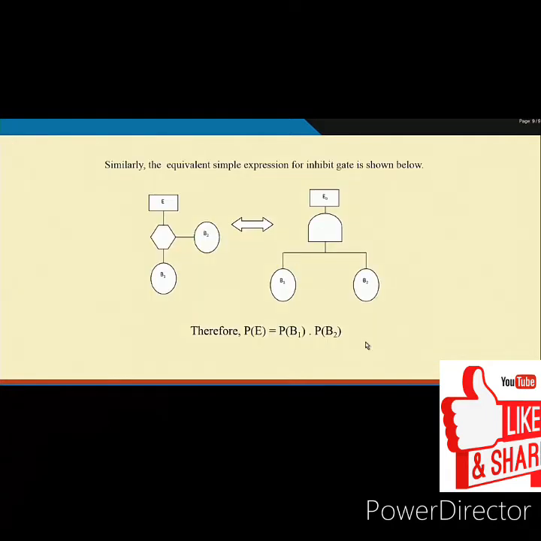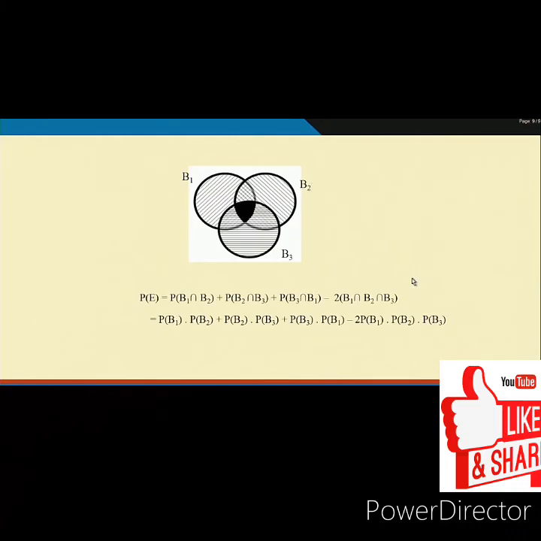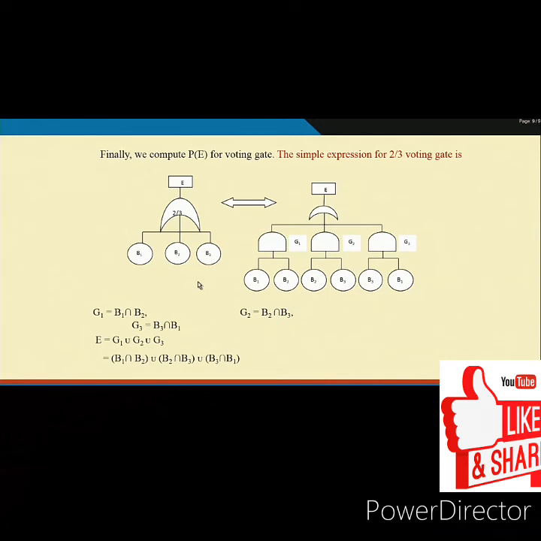I told you the inhibit gate is simple: it is equivalent to this, and the probability is this. We have discussed this, so no need to discuss further, but let us discuss this one.